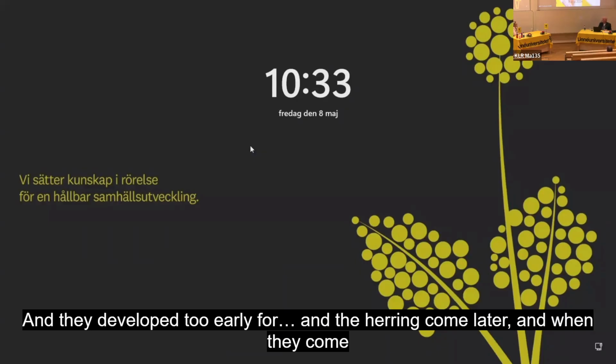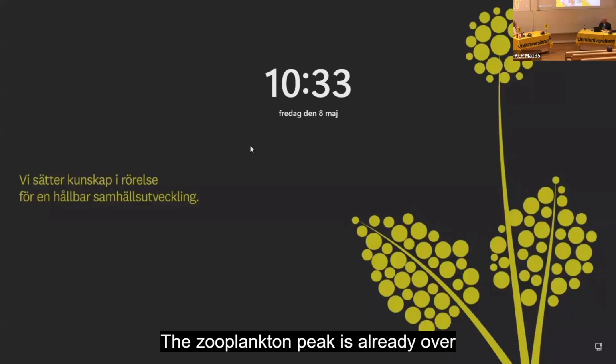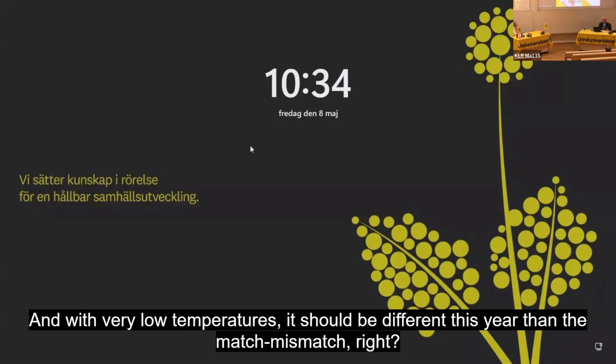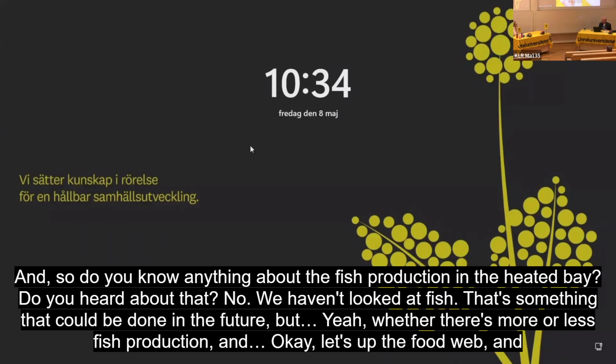They develop too early and the herring come later, and when they come, the zooplankton peak is already over and there's not enough food. I don't know whether this is true. Now, I think the last winter was pretty cold, with very low temperatures, so it should be different this year than the mismatch, right?